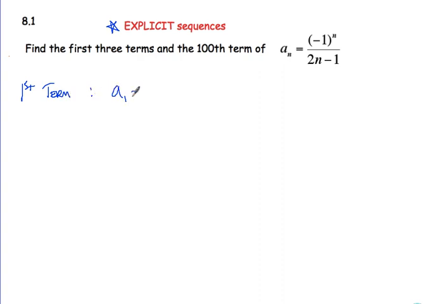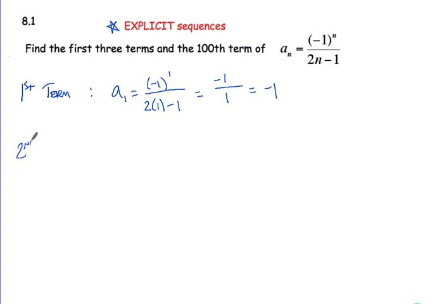So a sub 1 would equal negative 1 to the first over 2 times 1 minus 1. Well, negative 1 to the first power is a negative 1. And then down here we would have 2 minus 1, which is a 1. So our first term ends up being a negative 1.